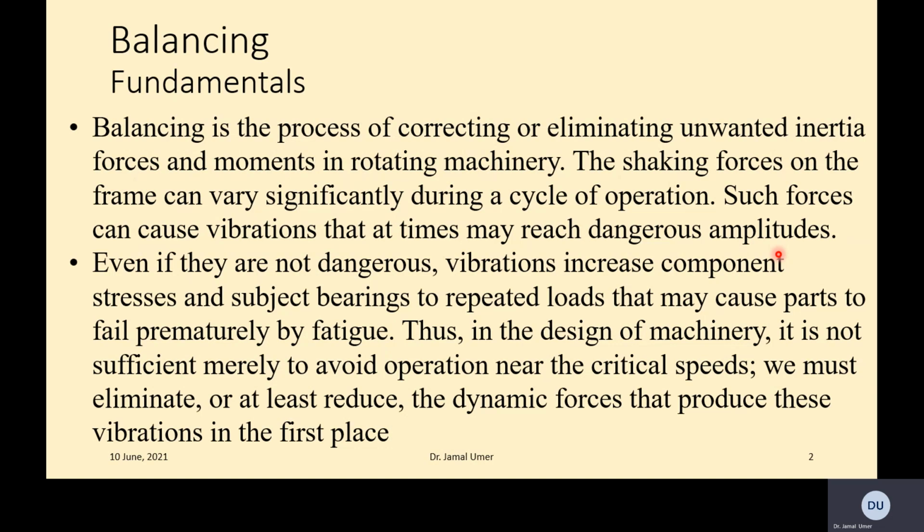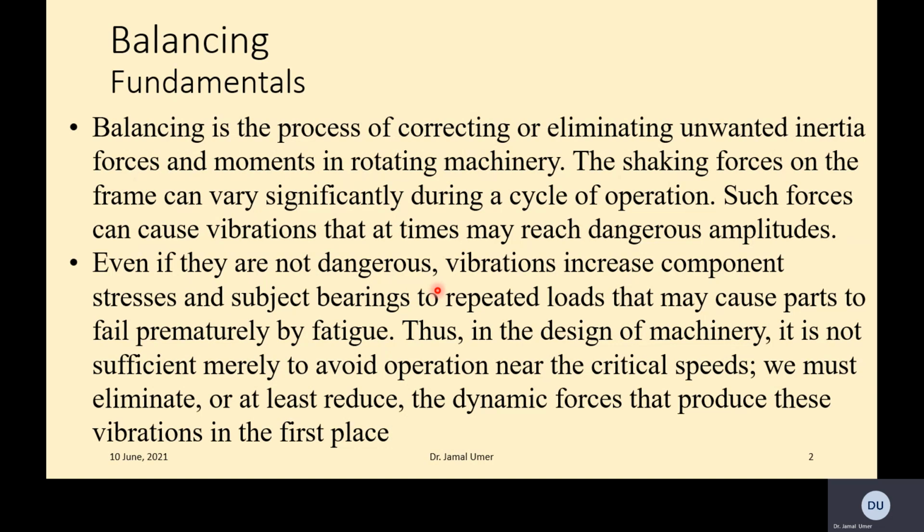If you have a rotary component with some unbalanced inertia forces or moments, then as the rotational speed goes up, the frequency of those vibrations can go higher and higher, and if it reaches the natural frequency, it can cause catastrophic failure because it reaches a dangerous amplitude.